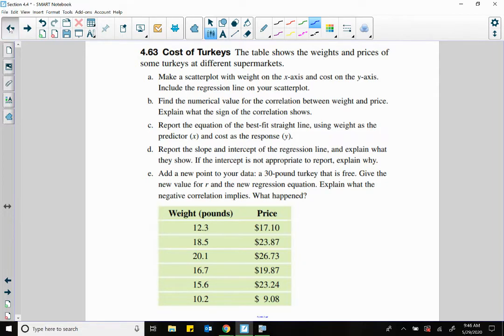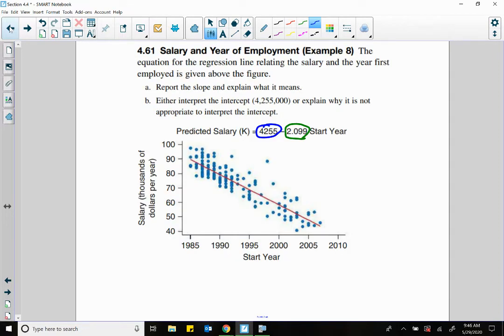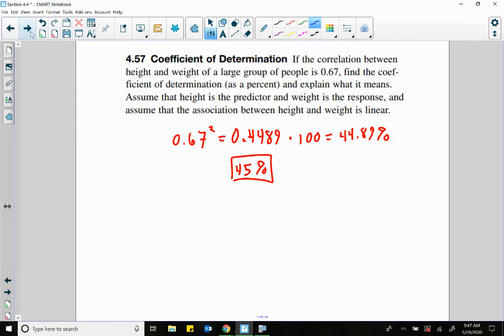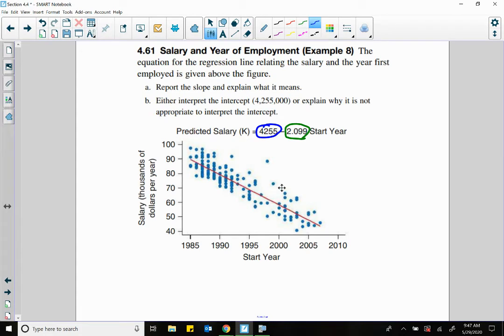Let me see, did we have aggregated data? This would be aggregated data, depending on where they're getting their dots from.